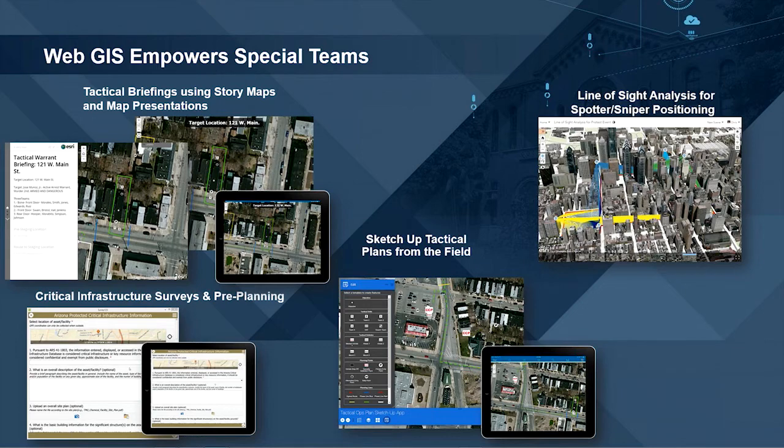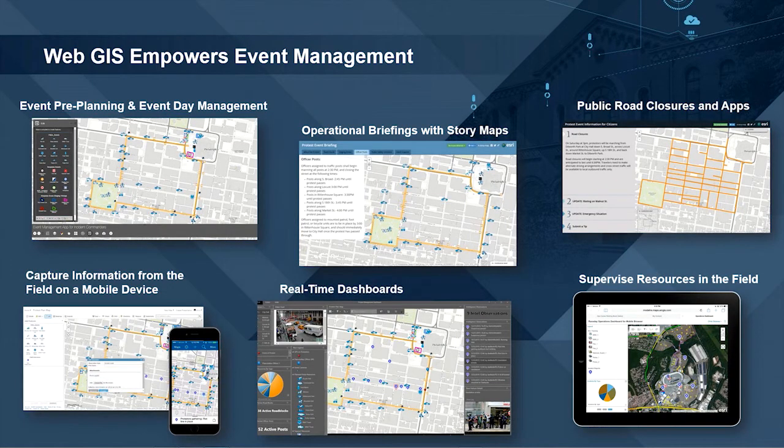For event management, as I talked about previously, our apps can support the entire end-to-end workflow from planning to event day management, whether a special event or a critical incident. So things like real-time management and editing of the operational plan that's immediately visible to everyone who's using it, including real-time dashboards in the operations center and for officers out in the field, the ability to capture information on a mobile device, maybe intelligence on suspicious persons or damaged property that can be relayed back into the command center.